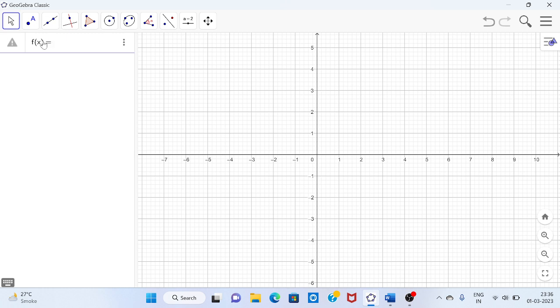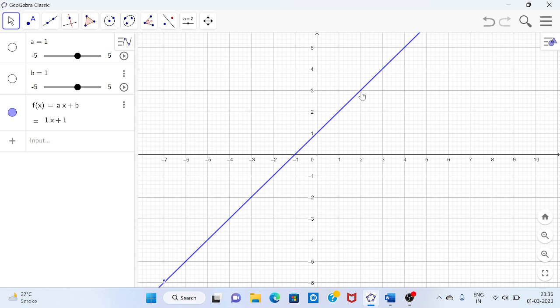The linear function was ax plus b, where a and b are real numbers and x is the unknown variable. Coming here, look at this straight line. As we have seen, the linear function will always be a straight line. Depending on the values of a and b, that straight line will change, but it will always be a straight line.